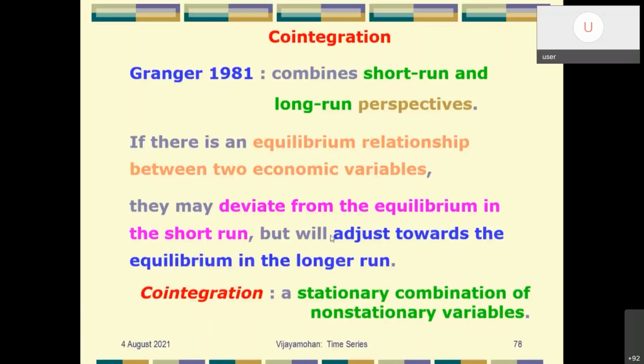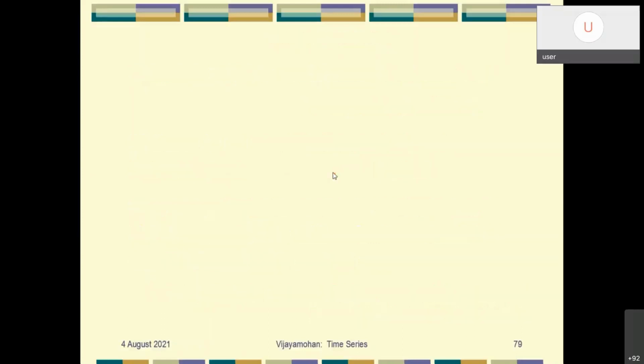This adjustment towards the equilibrium in the long run is the error correction. That error correction will lead the short run disequilibrium into the long run equilibrium. That is the idea of Granger's 1981 representation theorem.